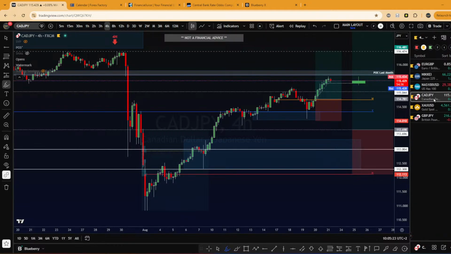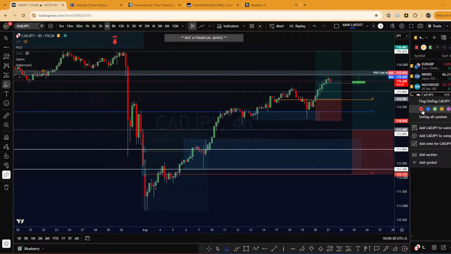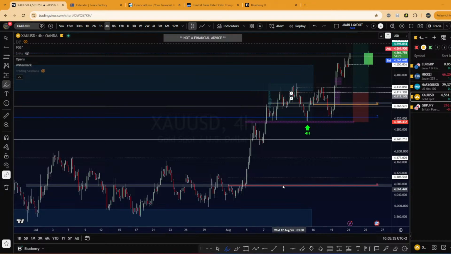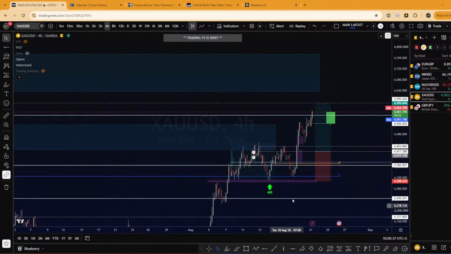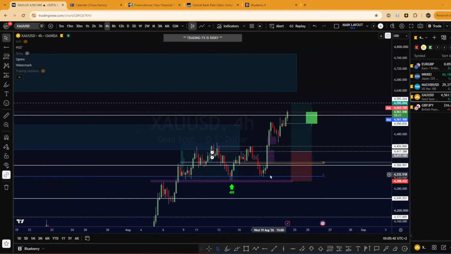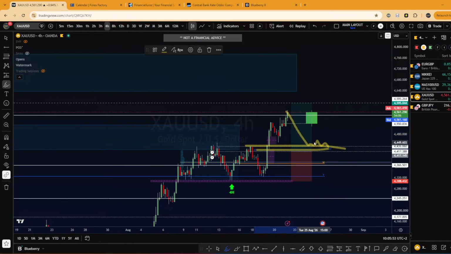Because we already reached the target, I will remove it from the list. Gold, as I said, we are already at the target, so it's not interesting anymore for me, unless it gives me maybe next week another retracement around this level of support, and then I'll be able to buy again.